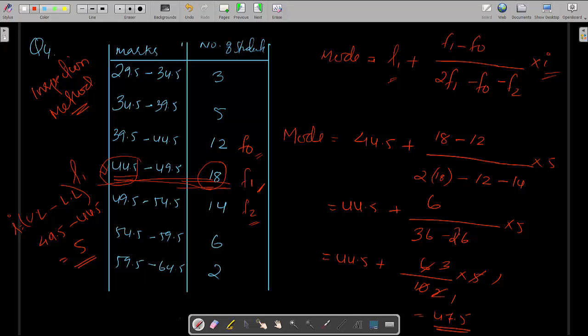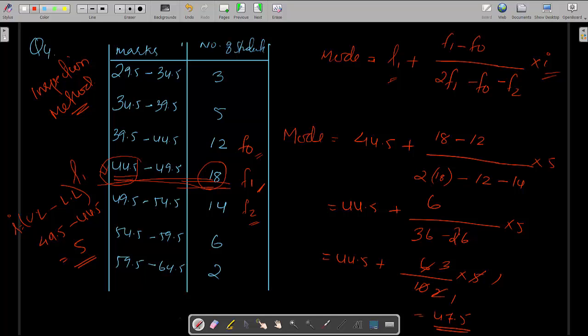If you look into your textbook, question number 4, 5, question number 6, question number 7, question number 9, question number 10, all these are given up, except for question number 7.